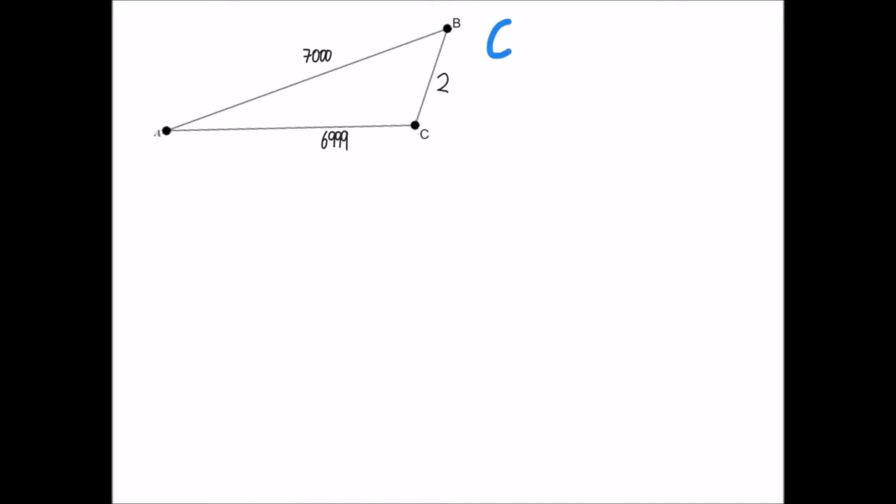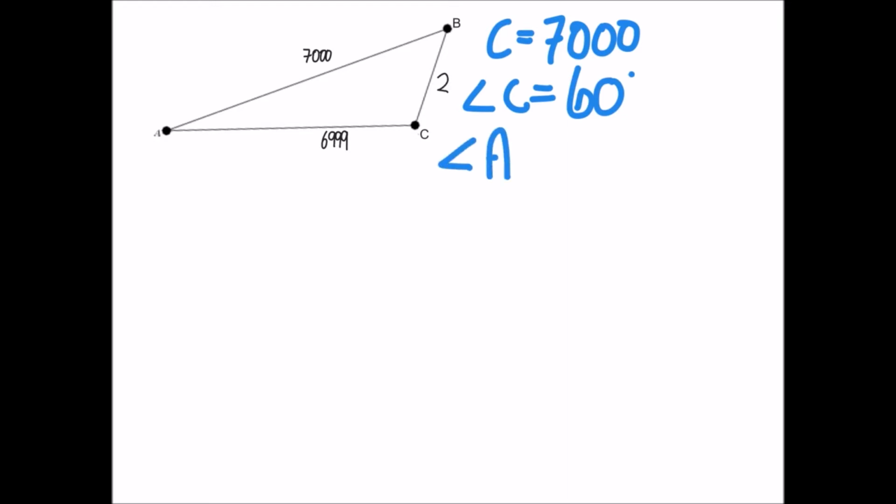Now that we have solved using the law of cosines, we know that side c is equal to 7,000. Angle C is equal to 60 degrees. But we're still missing a few key elements, such as angle A. To find angle A, we will have to use the law of sines. The law of sines states that any side over the sine of its angle is equal to any other side over the sine of its angle.